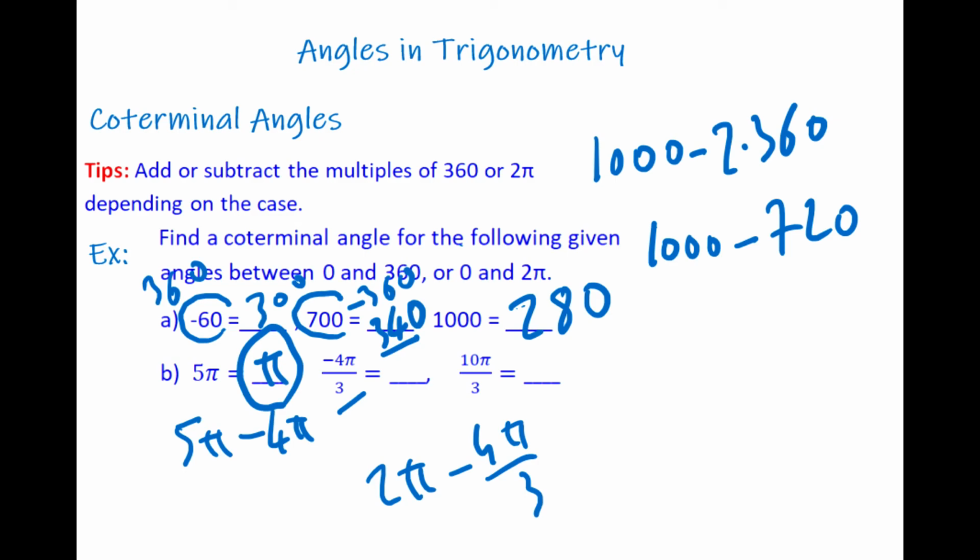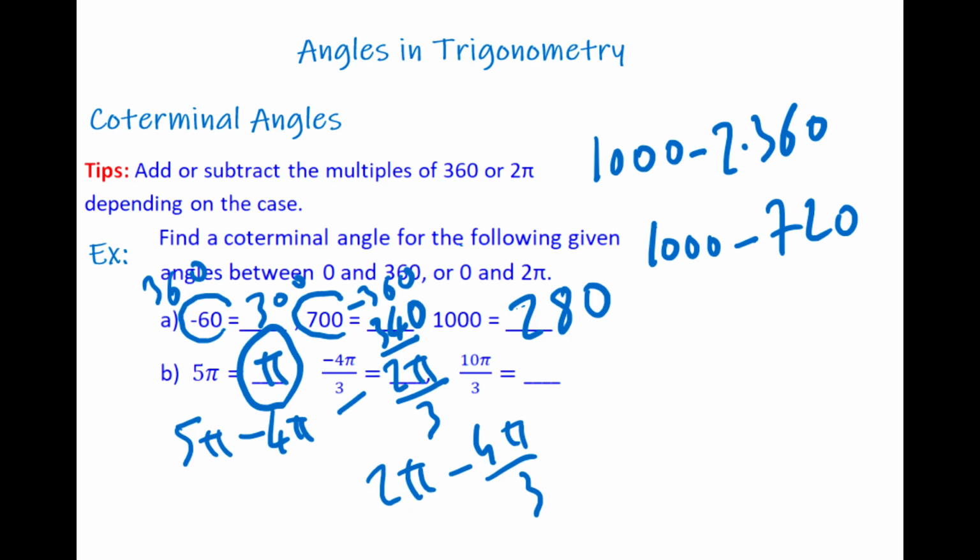Well, just basically multiply 2 by 3, 6. 6 minus 4, which is 2. So this is actually 2 pi divided by 3, guys. I just made it a little bit shorter. But what you can do is also just put here 1, make the denominator the same, 3, 6 pi minus 4 pi, 2 pi divided by 3. Still you get the same answer.